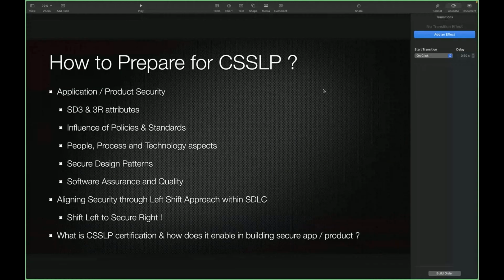So when we talk about requirements for a project, the requirements can come from various aspects. It could be functional requirements, which could be to meet the business requirements, and then non-functional, which could be operational or security, and the requirements could also be from regulatory or compliance aspects, privacy aspects, right?